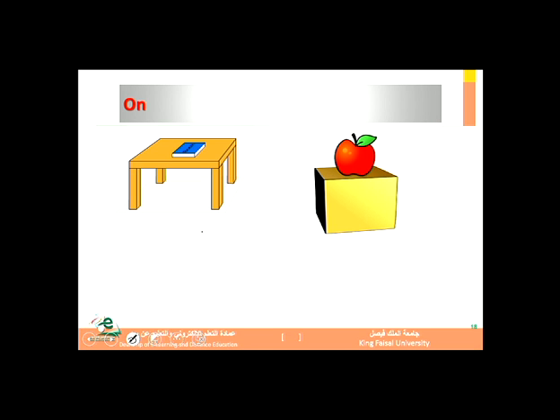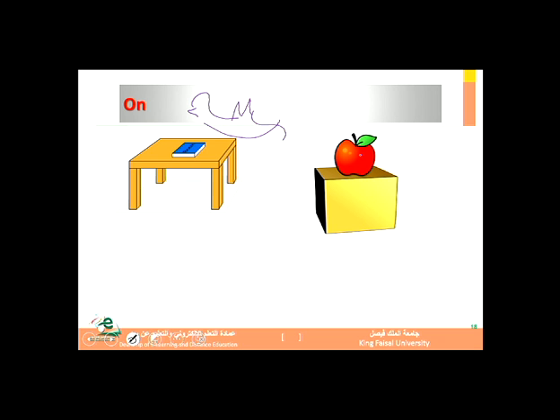But if I have, for example, a bird here, you cannot say that the bird is on the table, the bird is above the table, because they are not touching each other's surface.